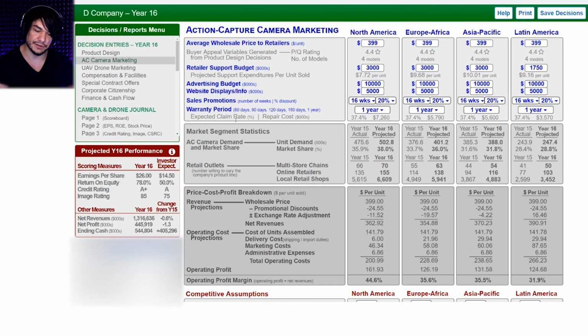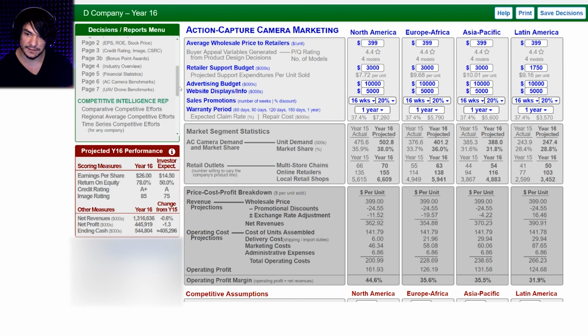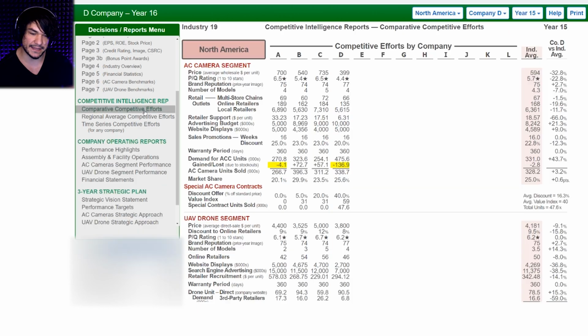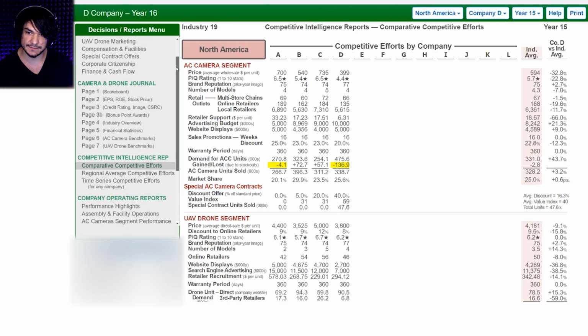Yes, you monitor your profit margins, but also look at your competitive efforts. Compare to the other companies as far as their price points and the quality of product they're producing. You don't want to price yourself out of the market, but you also don't want to undercut your profits, if that makes sense.